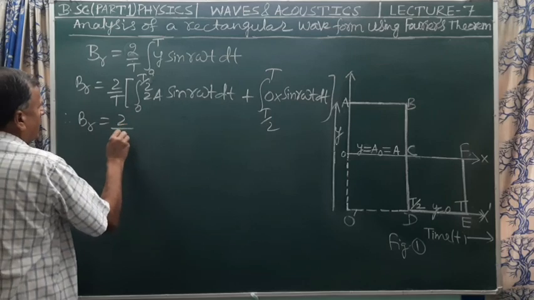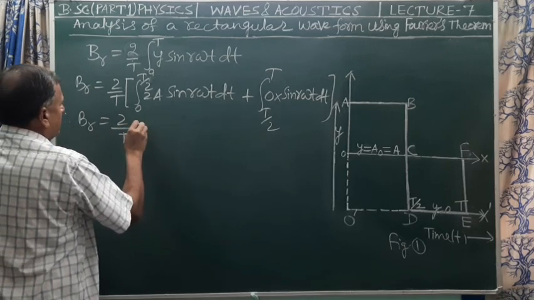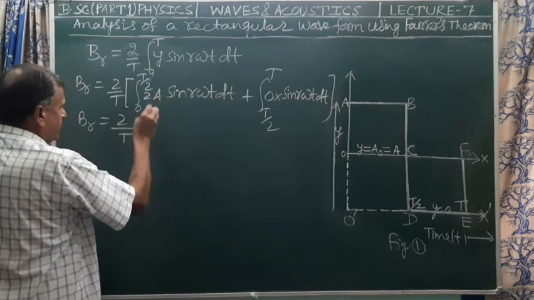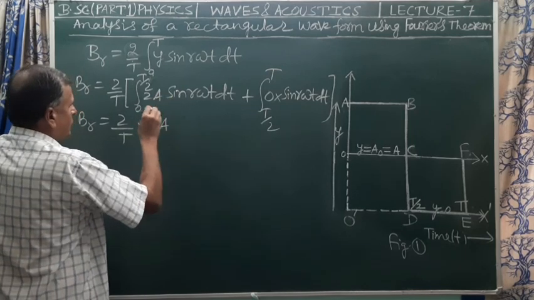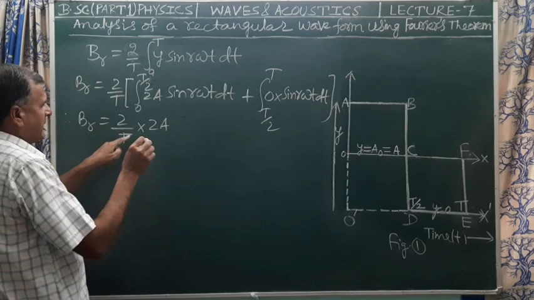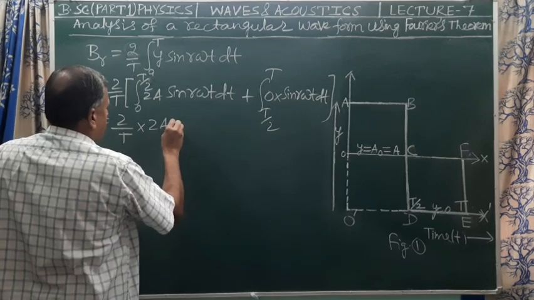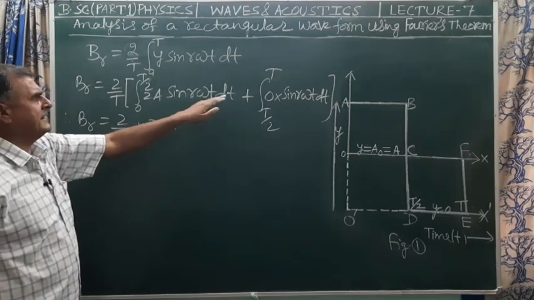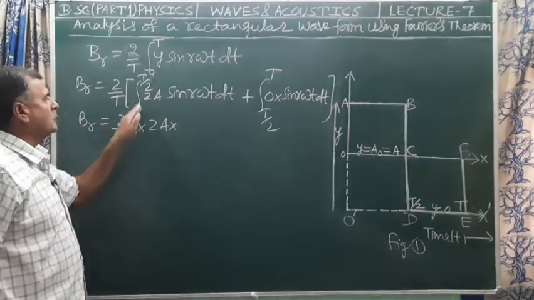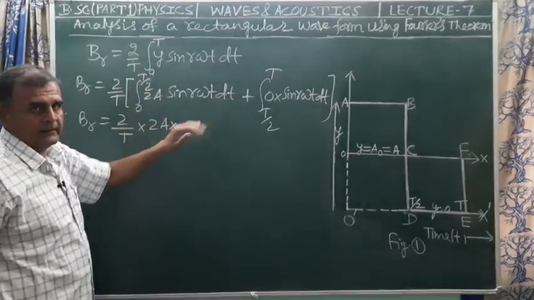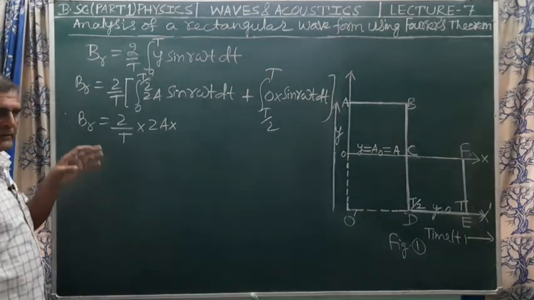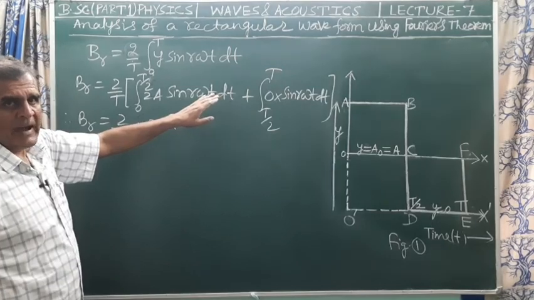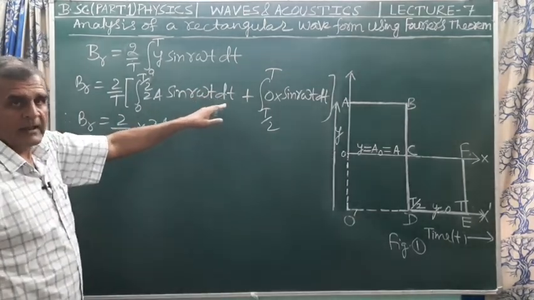equals 2 upon capital T multiplied by 2a, which is taken out of the integration. 2a is constant. So 2 upon T multiplied by 2a into integral, now integral sin r omega t dt, integral over 0 to T by 2 sin r omega t dt. Integral sin r omega t dt is minus cos r omega t upon r omega.